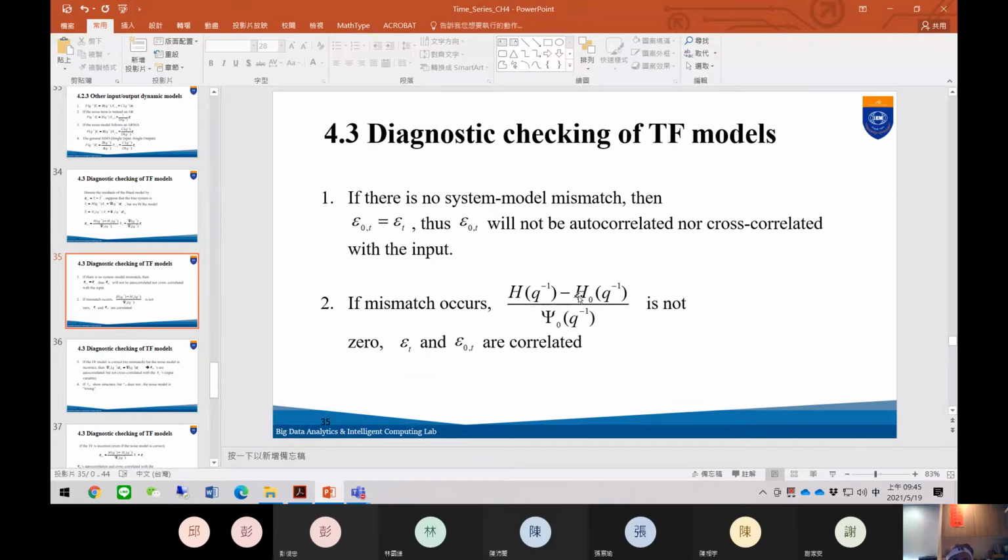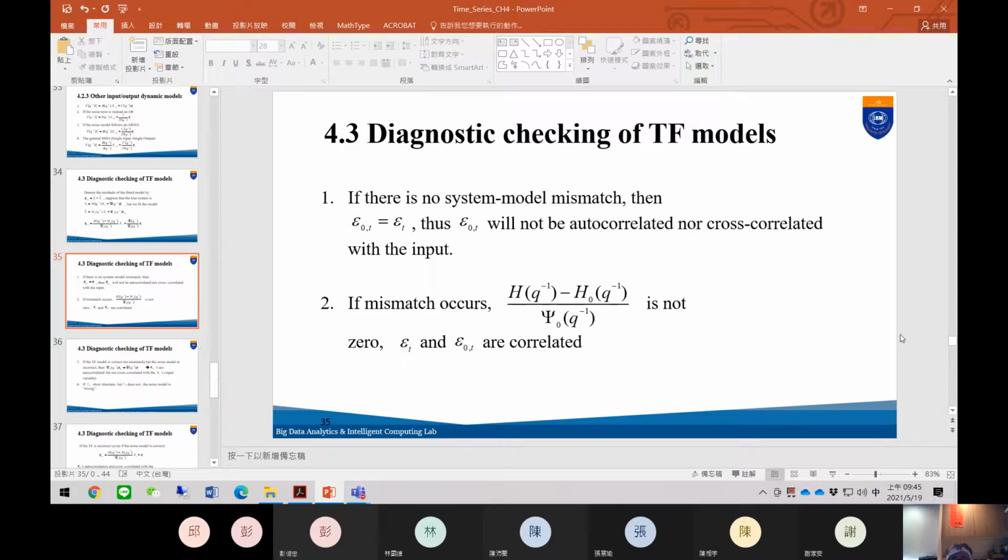That means we chose the model correctly. Then there's no system model mismatch. If mismatch occurs, then this is not zero. So epsilon_t and epsilon_t, these two are going to be autocorrelated.